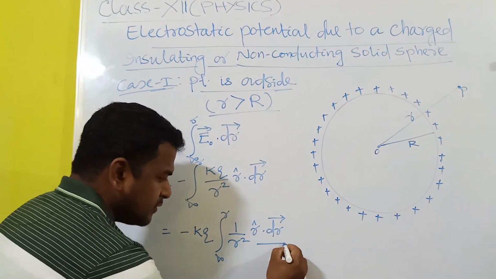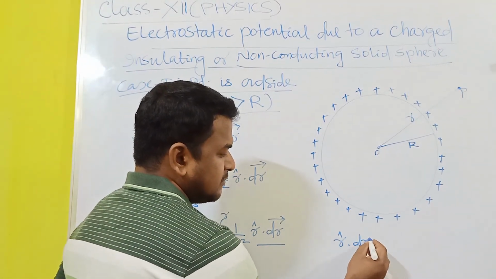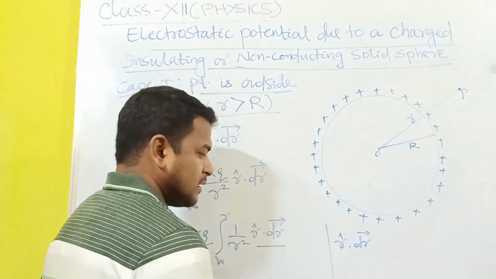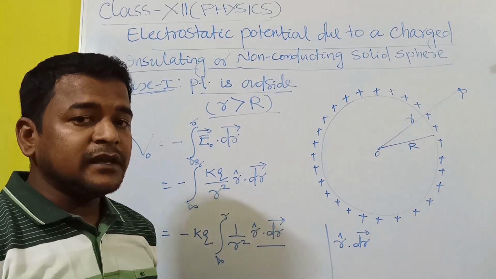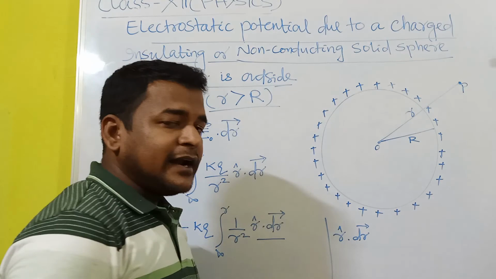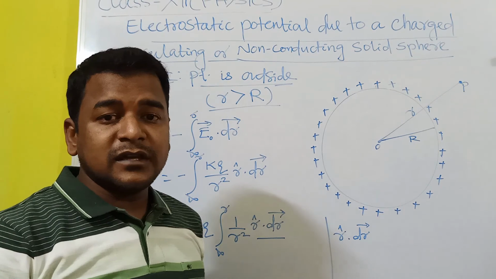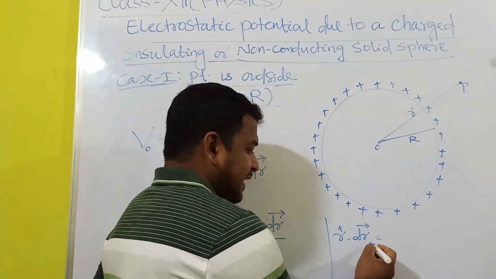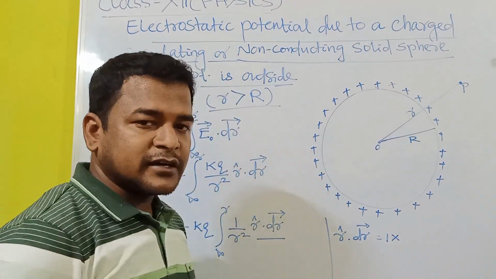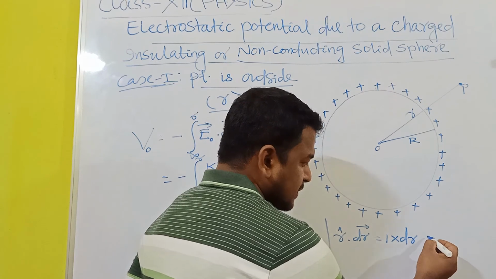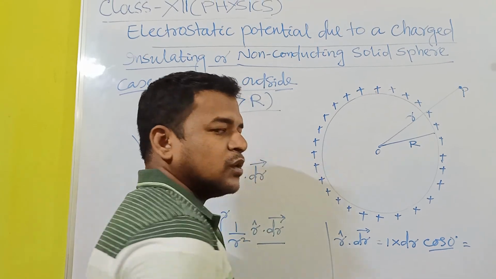Now, what is the value of r cap dot dr vector? We know a dot b equals ab cos theta. Here r cap and dr vector are along the same direction, so the angle between them is 0 degrees. The magnitude of r cap is 1, the magnitude of dr vector is dr, and cos 0 is 1.